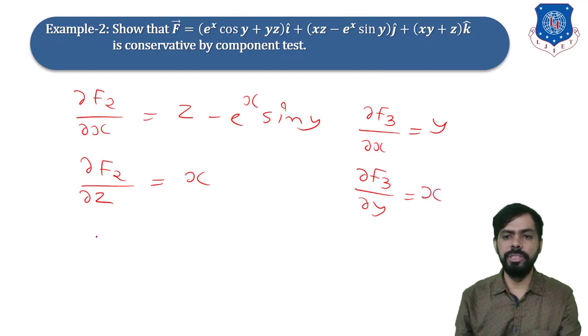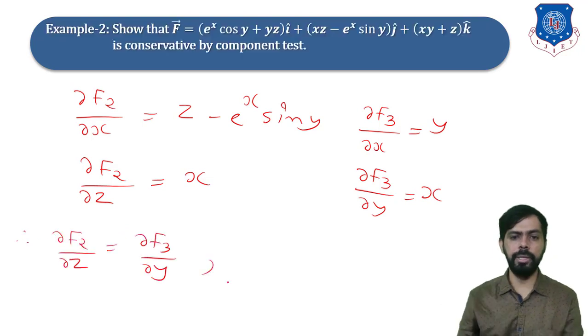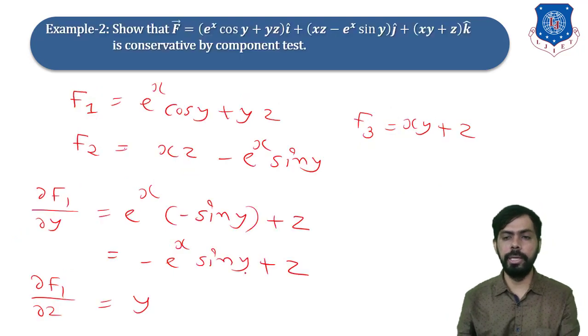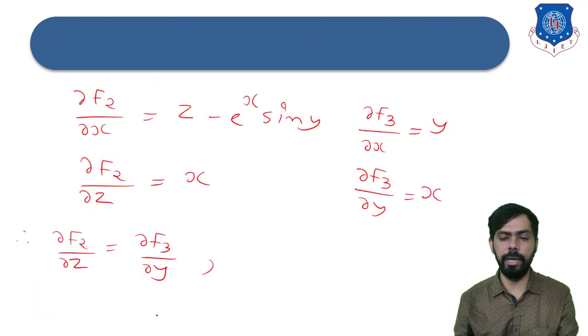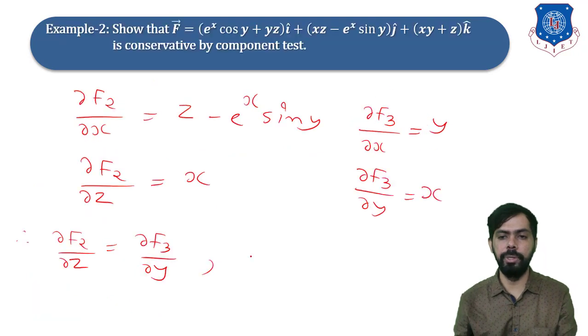Now here from these results we can say that del f2 by del z is equal to del f3 by del y. Here del f1 by del z is equal to y. Okay, and here del f3 by del x is equal to y. Therefore we can say that del f1 by del z is equal to del f3 by del x.